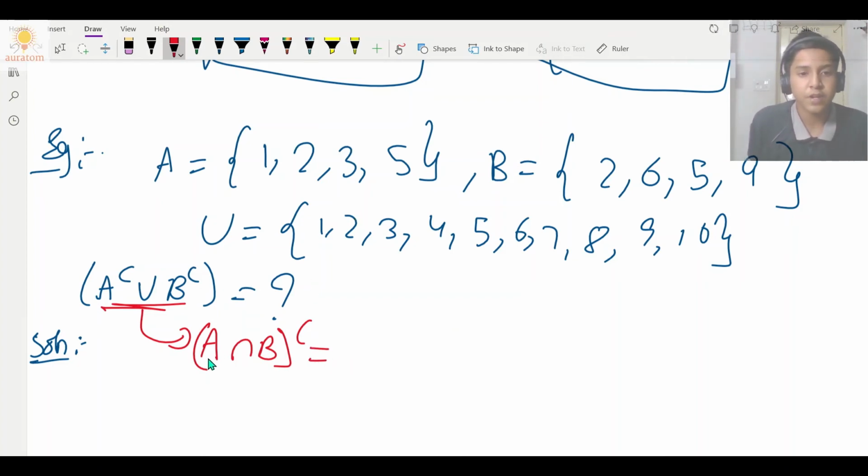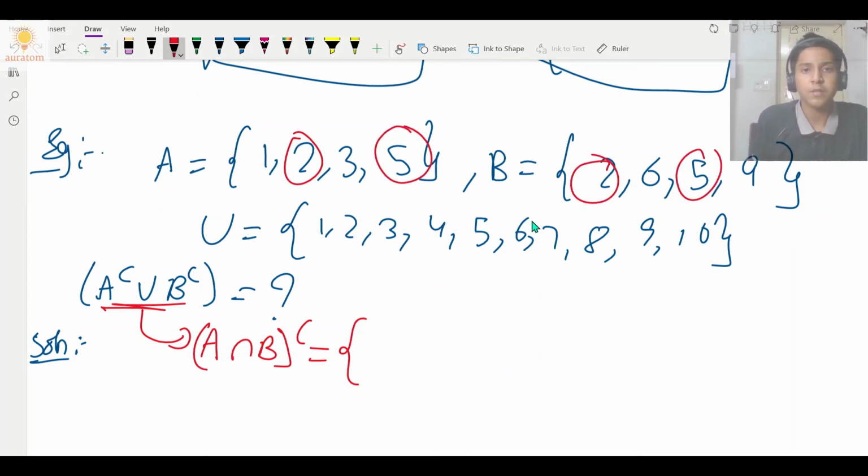What we need to find is A intersection B, then we'll take the absolute complement of it. So what is A intersection B? A intersection B is the common elements of A and B, right? So what are the common elements? We can see that 2 and 5 are the common elements of A and B. So 2 and 5 here.